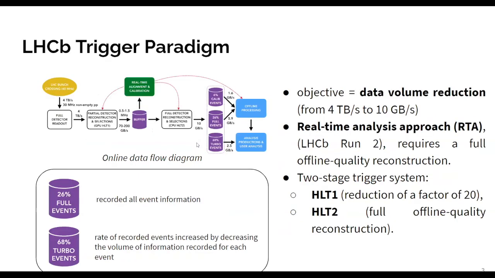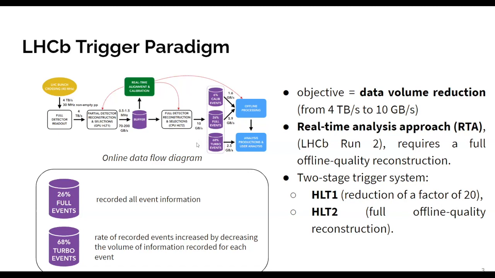So let's discuss the trigger paradigm of LHCb a little bit more. The objective of the trigger system is overall to reduce data volume. It reaches 4 terabytes per second because of the instantaneous luminosity in collisions, down to around 10 gigabytes per second, which can be recorded to permanent offline storage.